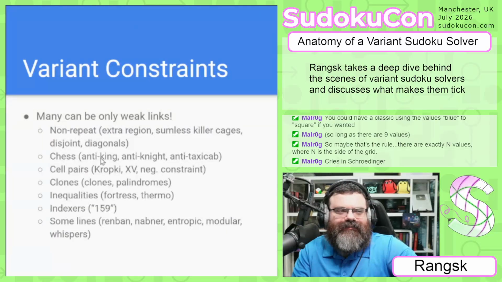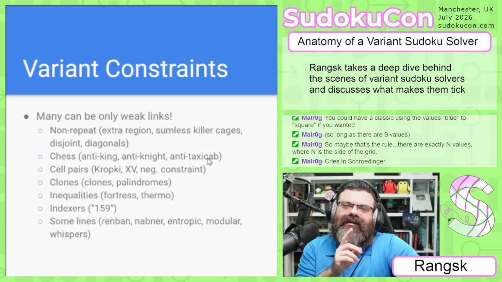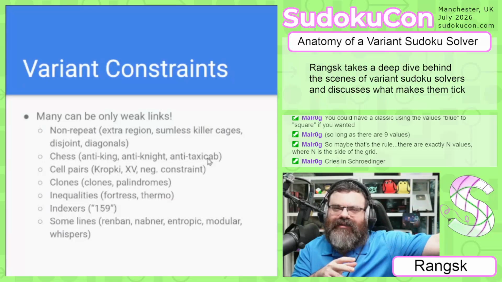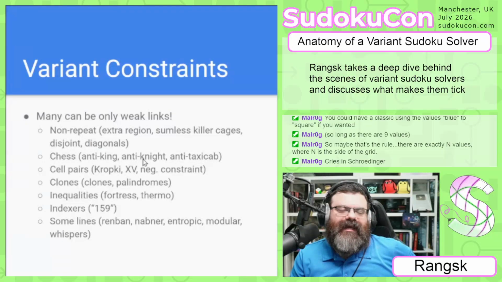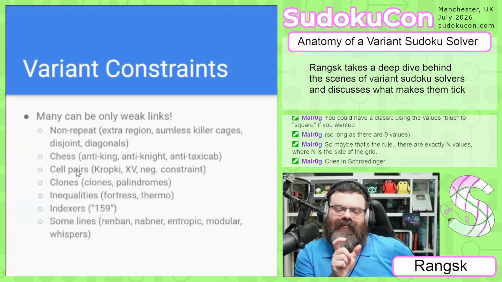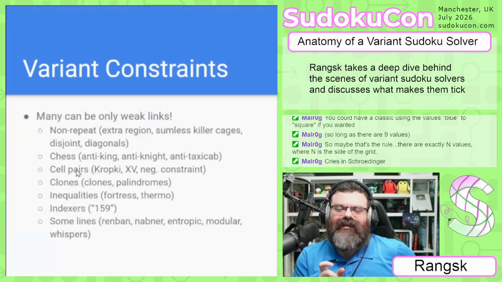The chess constraints, anti-king, anti-knight, anti-taxicab, anything where if this is a one, then this other cell in physical relation to it can't be a one. That's a chess constraint in my mind, and those can be completely weak links. And what I just described is a weak link, so that makes sense. Anytime you have cell pairs that are restricted to some rule, you can encode that rule in weak links.